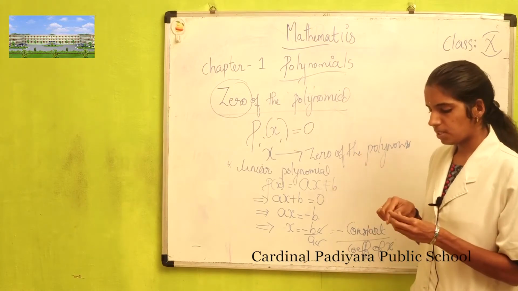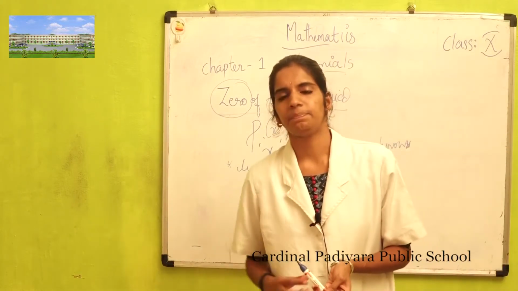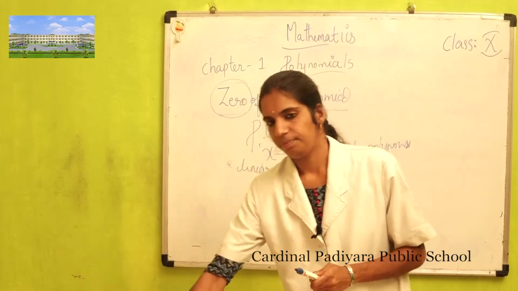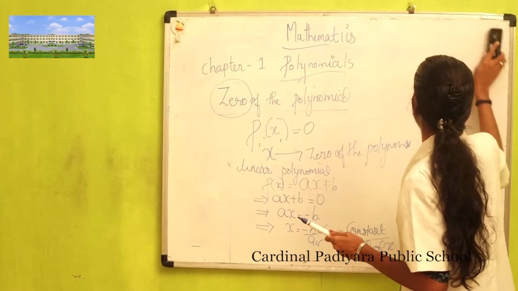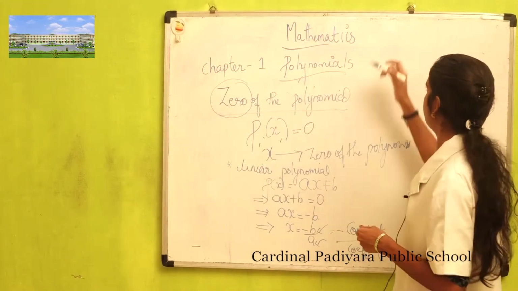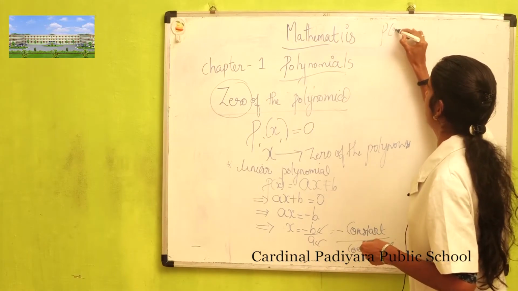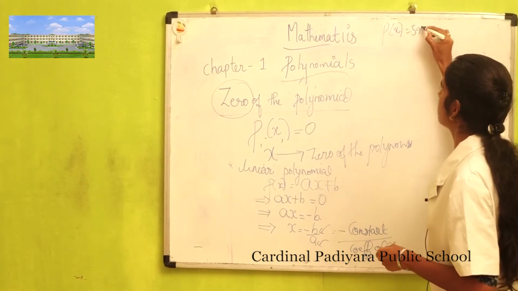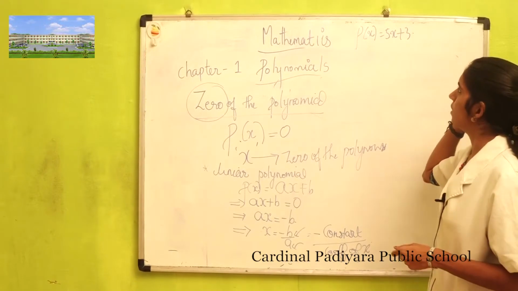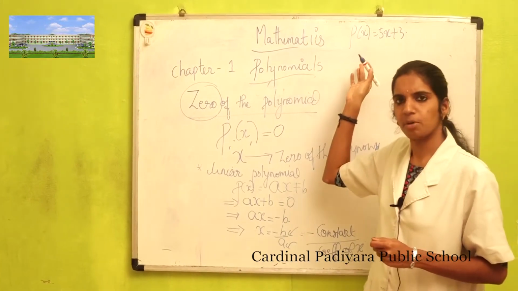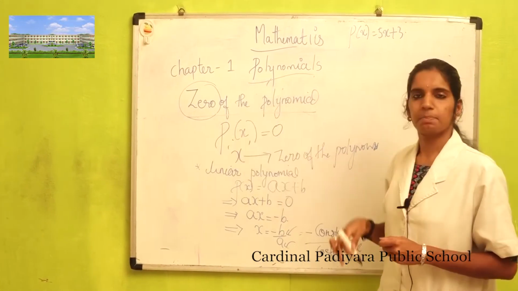Suppose I consider one example, for example, p of x equal to 5x plus 3. We know that this is an example of a linear polynomial, right?